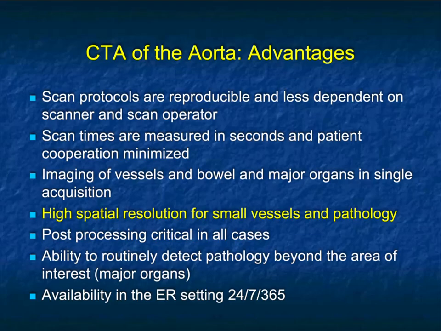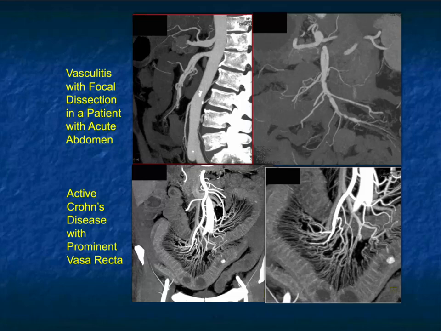The high spatial resolution was nicely seen on the prior case looking at the vas recta, but here's just two more examples. Here's a patient with vasculitis with focal dissection in the SMA and irregularity of distal branch vessels.